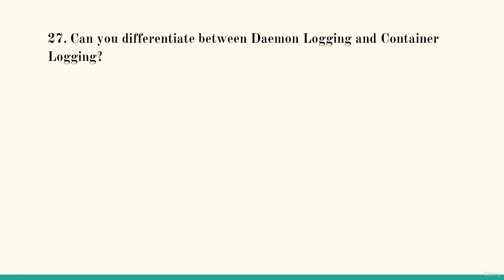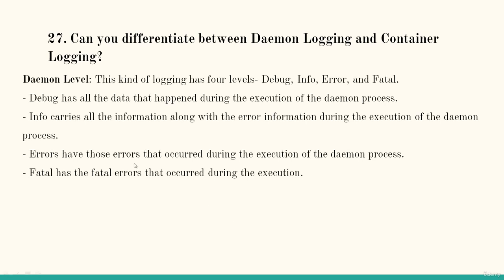Can you differentiate between daemon logging and container logging? Daemon logging actually is a kind of logging that has 4 levels: debug, info, error, and fatal. So the debug has all the data that happened during the execution of the daemon process. The info carries all the information along with the error information during the execution of the daemon. Errors have those errors that occurred during the execution of the daemon process.